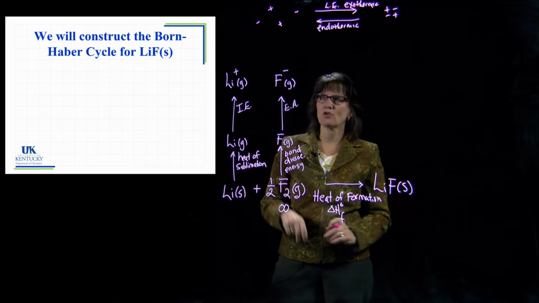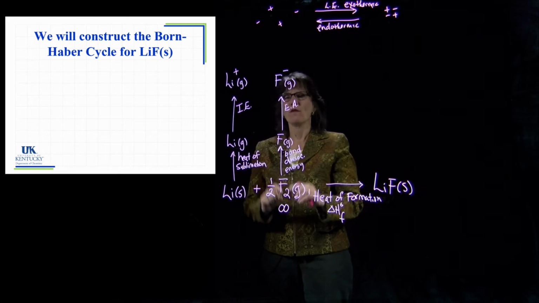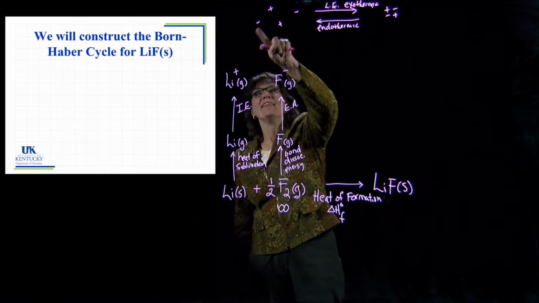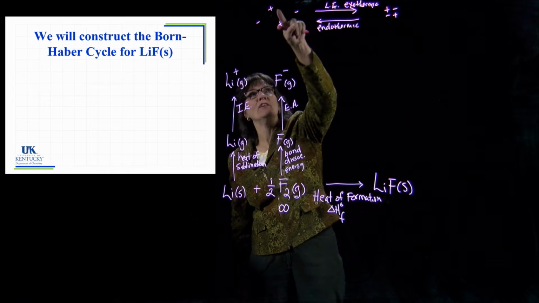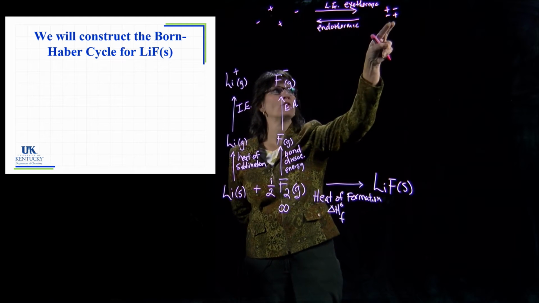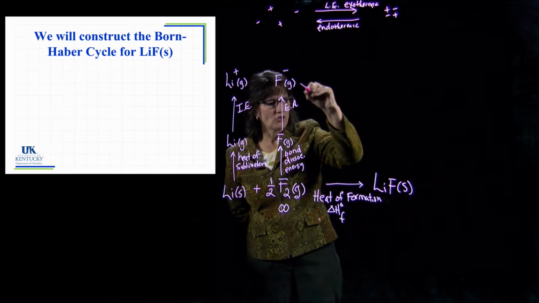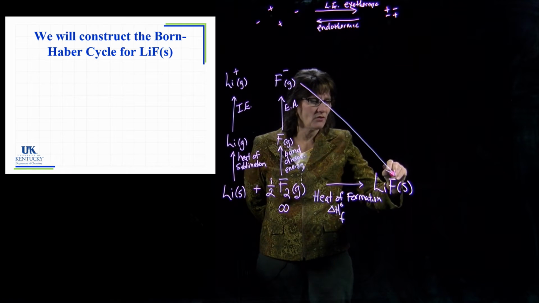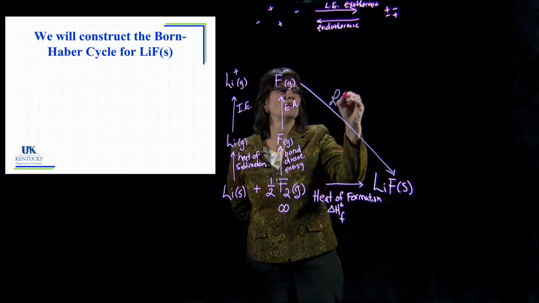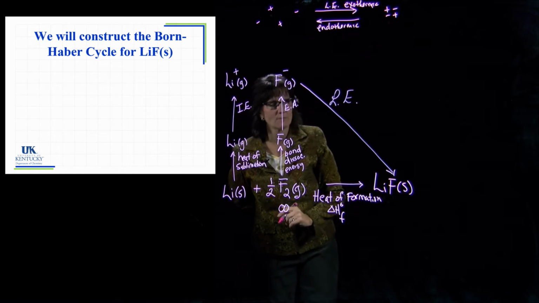Sometimes electron affinity is negative, sometimes it's positive, but that's electron affinity. We finally have the ions in their gas state. Now we're ready to get them to come together to form the ionic compound. There's my ionic compound. So doing this and turning it into this is our lattice energy, LE. Okay, so we've got all of those energies.